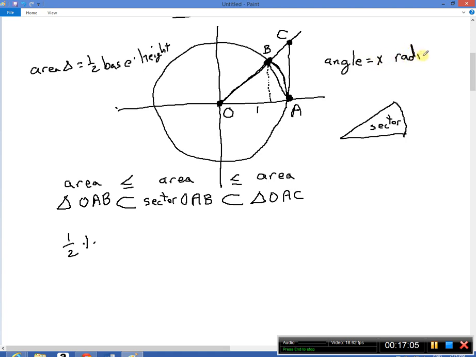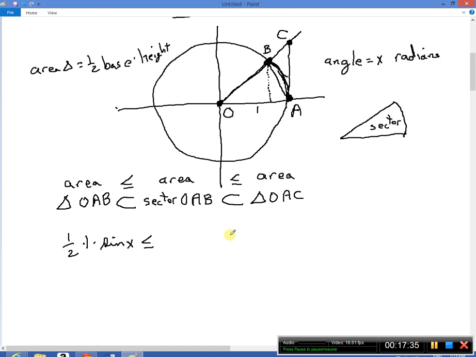So in other words, the distance from here, that is A, along the circle to B, so that distance, the arc length from A to B, is x. So 1/2 base times height, the height is the sine of x, that segment from what we just looked at a few minutes ago. All right, that's going to be less than or equal to the area of the sector.